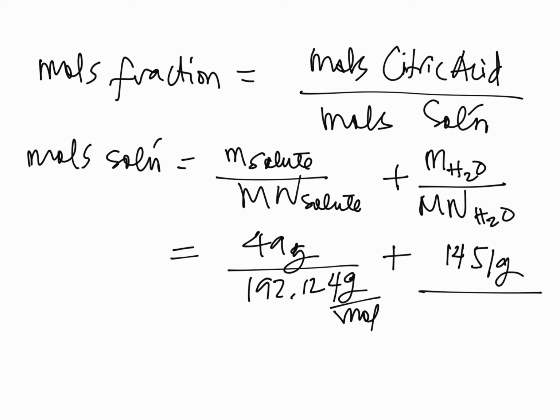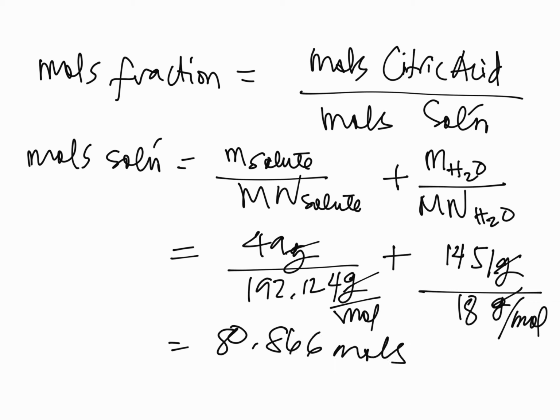You divide it by the molecular weight of water, which is 18 grams per mole. Cancel the grams. Calculating it, it's 49 divided by 192.124, then you add 1,451 divided by 18. That would be 80.866 moles.